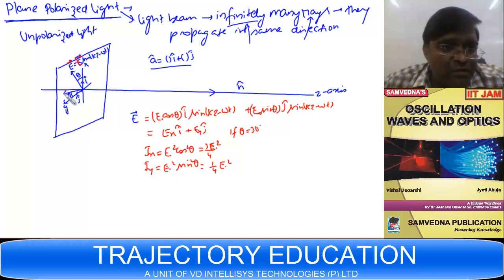Now let's suppose the E vector makes an angle pi by 6 with the y-axis.